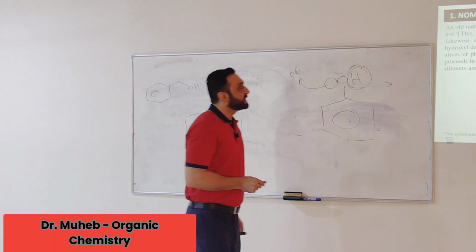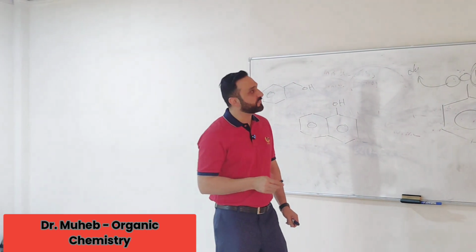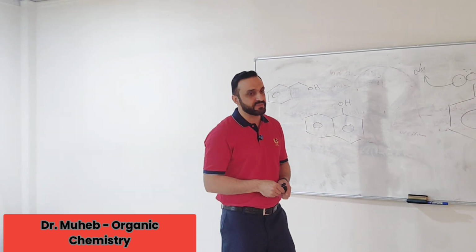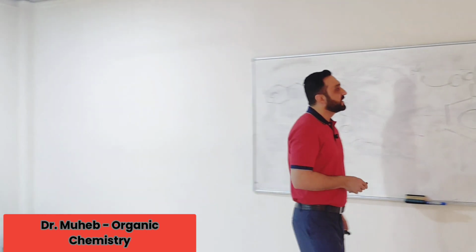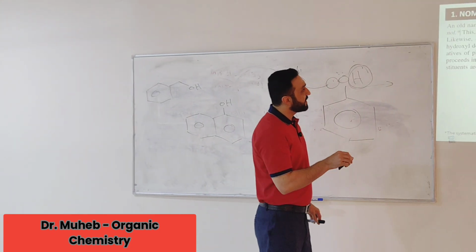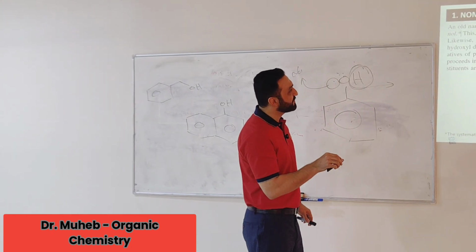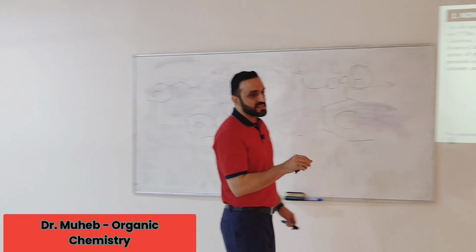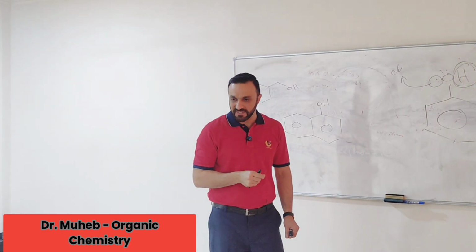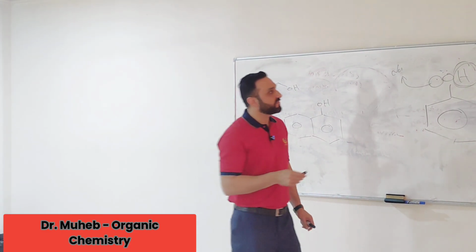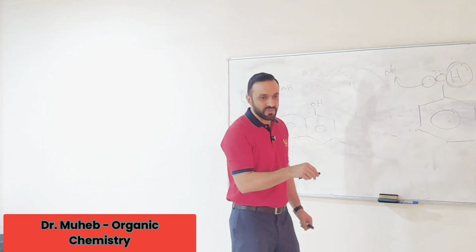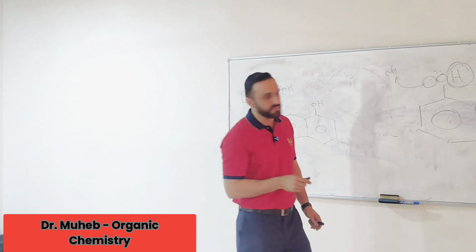Okay, now we come to the nomenclature of phenol. How can we give a name to a phenol compound? Look, the word phenol comes from phene. Phene is the old name of the benzene ring. Because we have OH on the phene, it will be phenol.